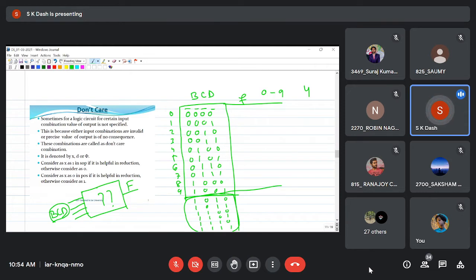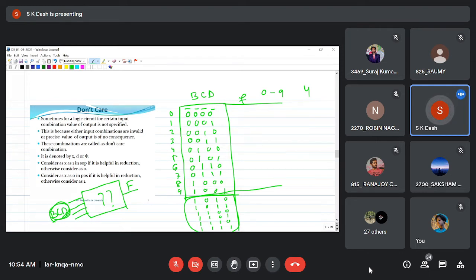But when I am writing a truth table, I need to incorporate that. A truth table is in tabular form, where we write all possible input combinations and their corresponding outputs. So when you are giving BCD as an input, these six combinations you will never get. So their output is of no consequence, because you cannot apply them as input.